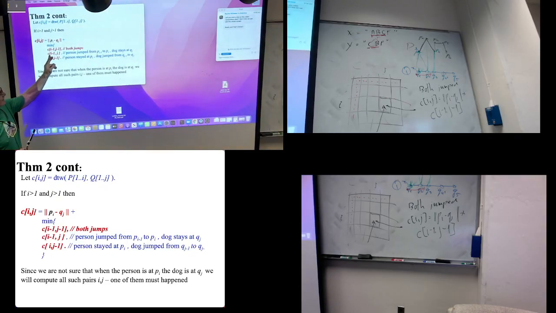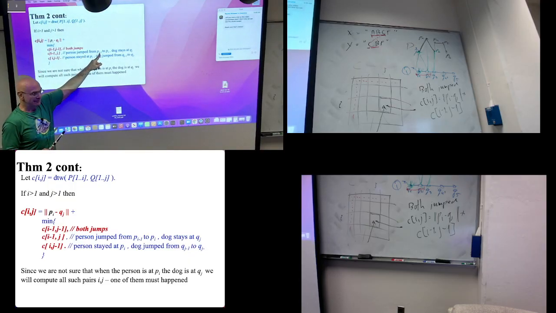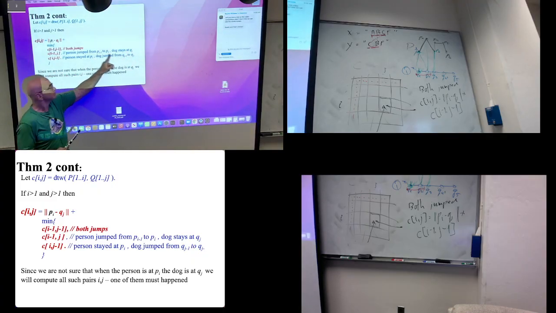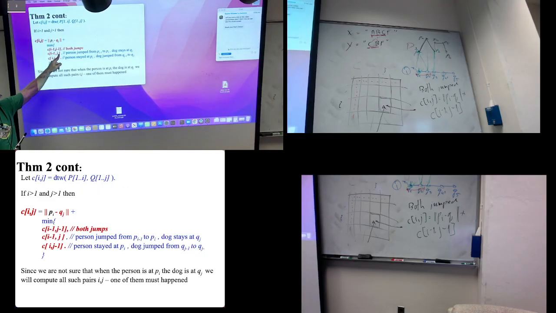If you want, C(i minus 1, j) is the optimum length of leashes, the minimum distance, for which you start at P1, Q1 and end at Pi minus 1 and at Qj. That's just a definition of C(i minus 1, j). It's very clever.